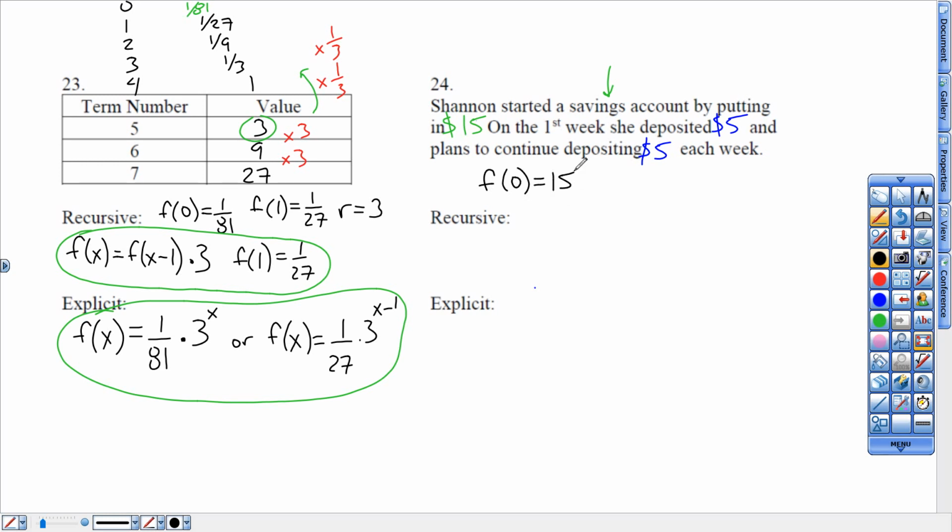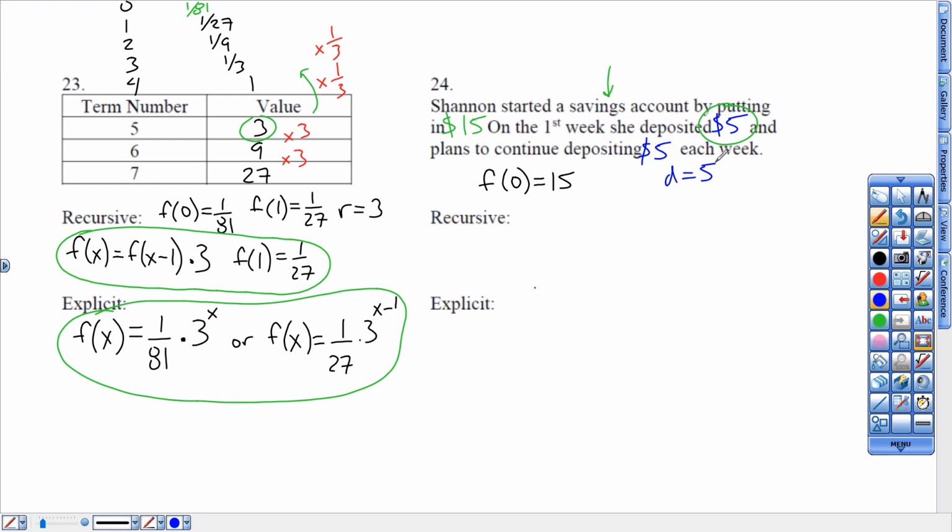That $5 that you're depositing there is being added to that. That's going to be your D number right there. This is arithmetic. If I add that 5 to that 15, that will give me the first term right there.